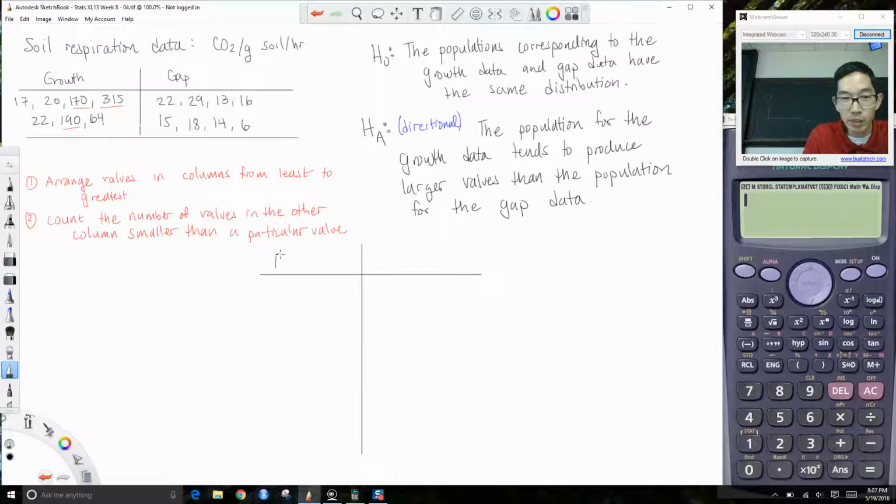So I've got growth, and I've got the gap values, okay? And putting these in order from least to greatest, I'm going to have 17, 20, 22, 64, 170, 190, and 315.